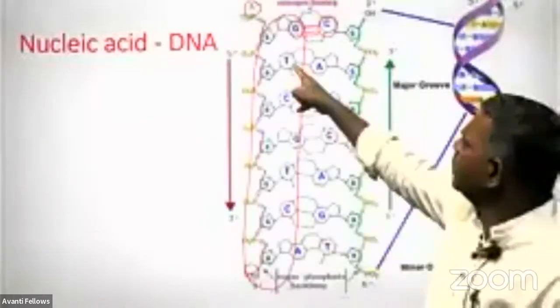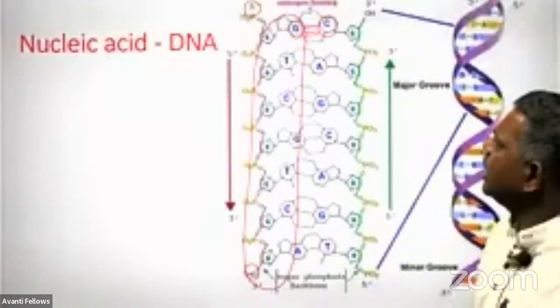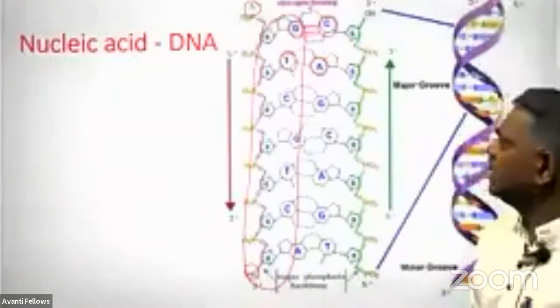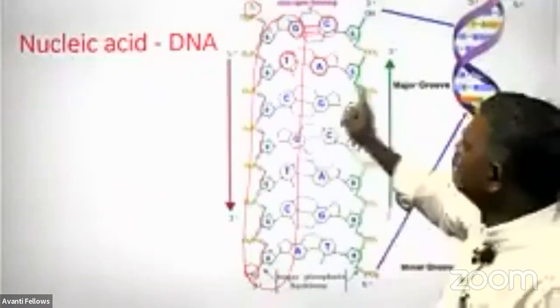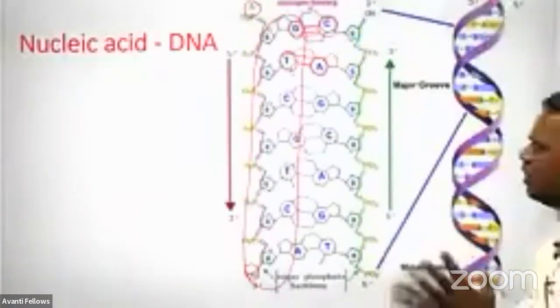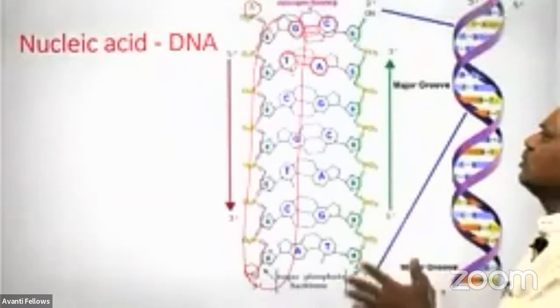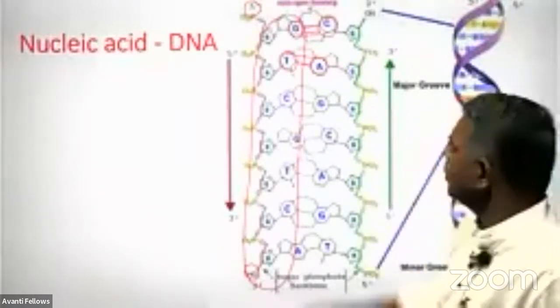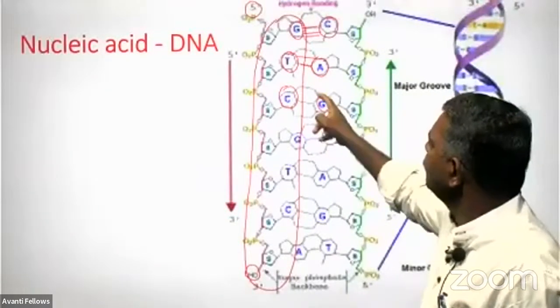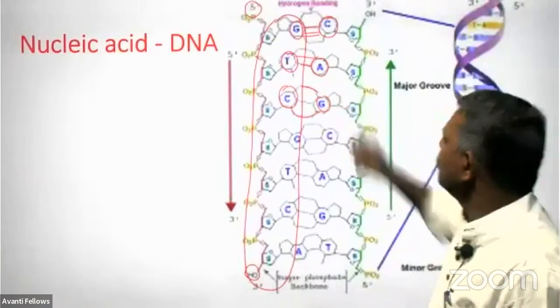Whereas in the case of thymine, you can find it always connects with adenine only. But here there are only two facilities for making the hydrogen bond. So thymine is always connected to adenine with two hydrogen bonds, whereas cytosine is connected to guanine with three hydrogen bonds.